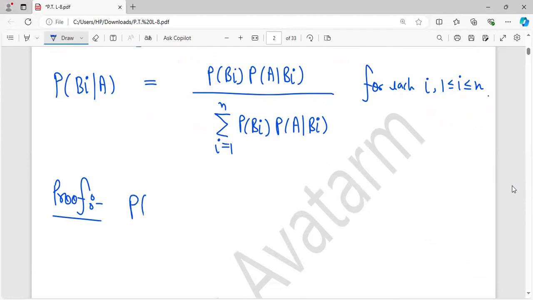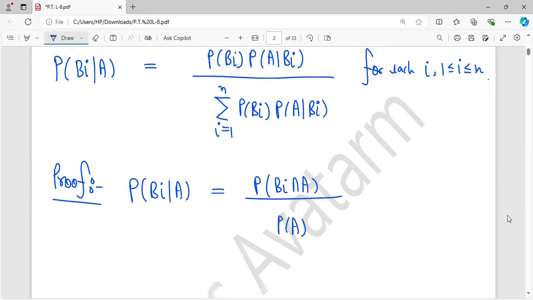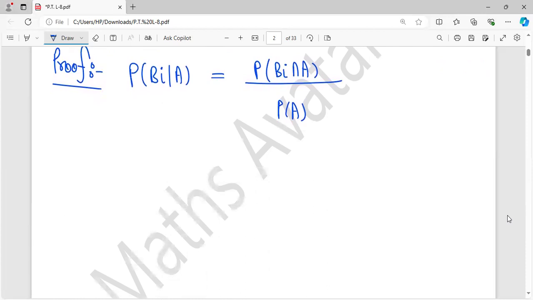P of Bi relative to A is equal to P of Bi intersection A upon P of A. Let's call this equation 1.